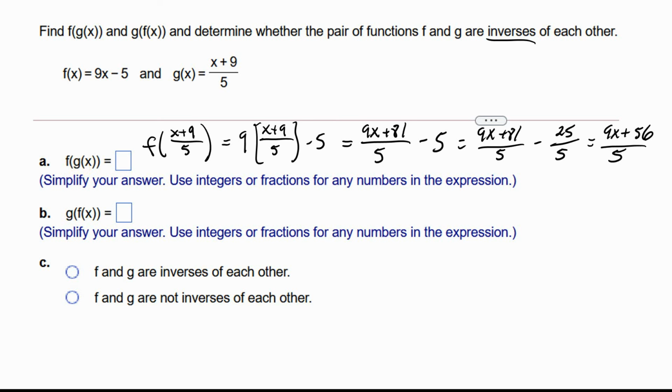And then you would do the calculation. That term goes here. 9x plus 56 over 5.